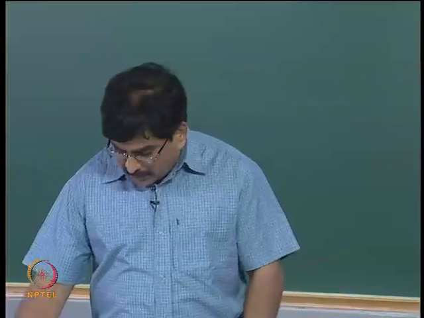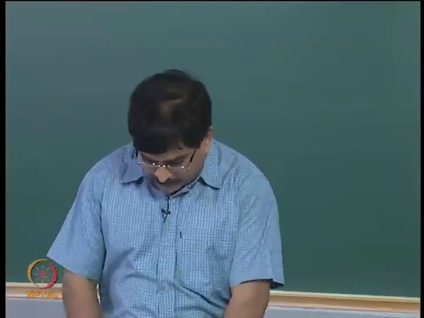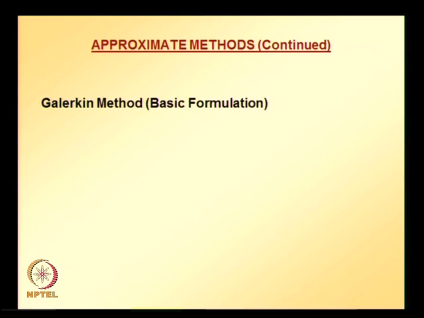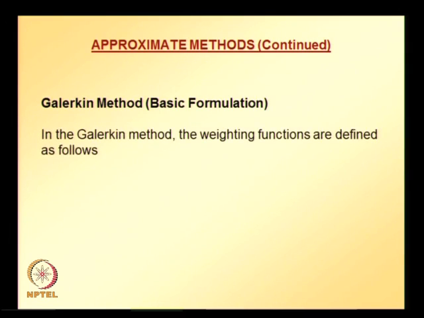So now let us look at the other weighted residual method, that is the Galerkin method, and this is what we are going to use in conjunction with the finite element method. In the Galerkin method, the weight function is defined as follows: Wi is defined as the partial derivative of u with respect to ai.